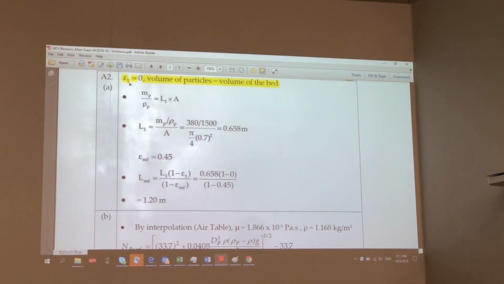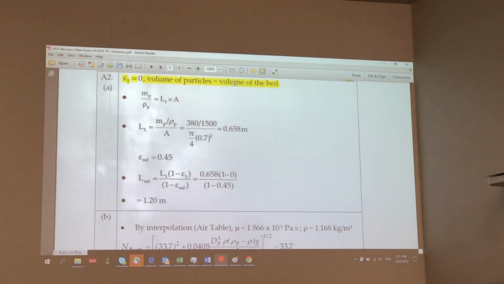Default condition means this: porosity equals 0, meaning no pores inside the column. So if you add all the particles, the total volume of particles will equal the volume of the column.